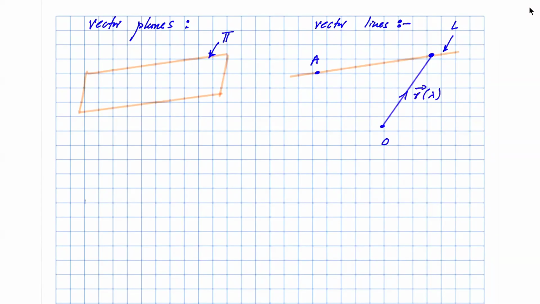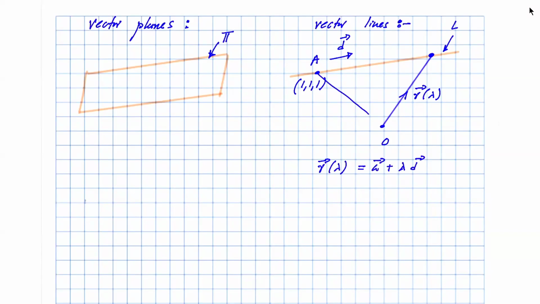Now we know this point. I would say 1, 1, 1, for example. Also, we need to have a vector which is parallel with this line. If you have that, we define our R of lambda like A plus lambda d.